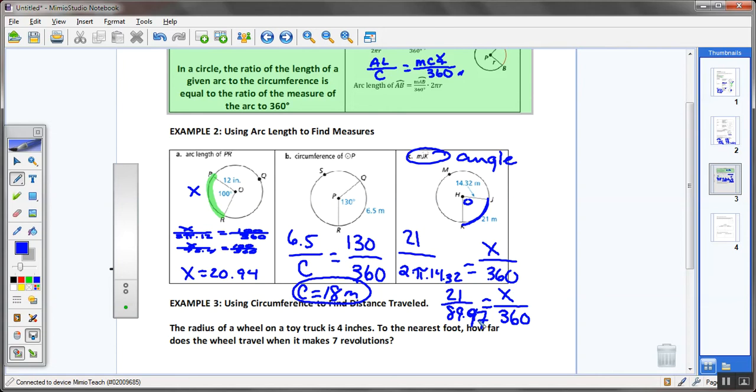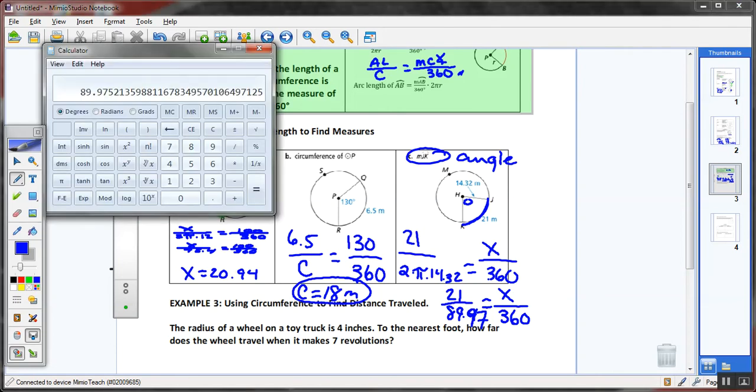I got 89.975. Okay. Are we good now? Okay, so let's cross multiply and divide. What have you got? And I'll confirm this. Guys, I'm coming up with about 84.03 degrees. Are you guys? Yep.